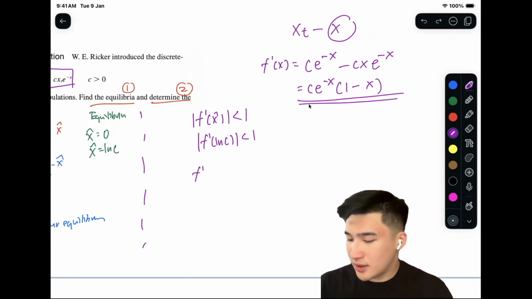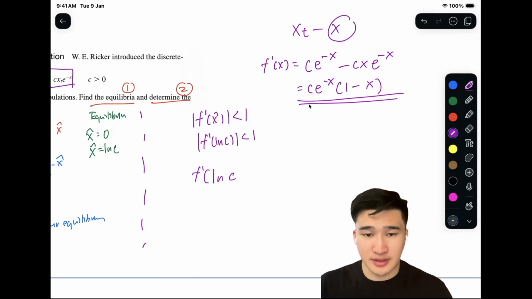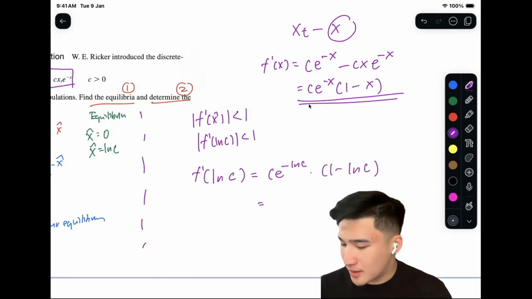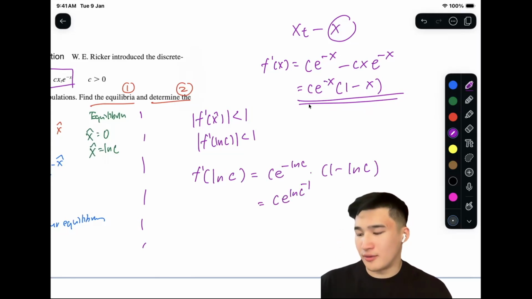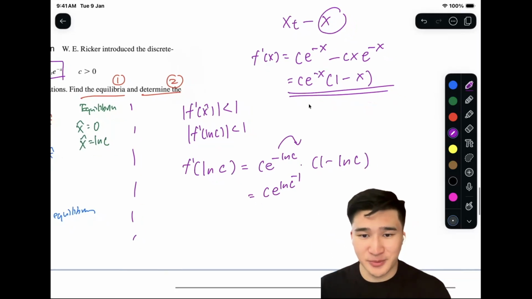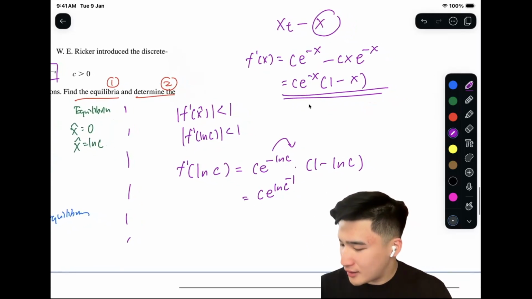So finding f prime natural log c is our first step. All we gotta do is substitute: e to the negative natural log c times 1 minus natural log c. Basically that equals c times e to the natural log c to the negative 1, because we're using our logarithmic properties, and then times 1 minus natural log c.